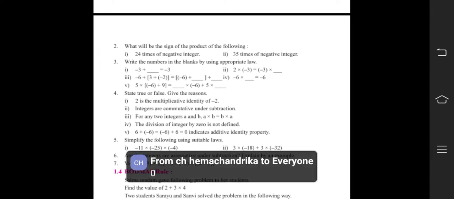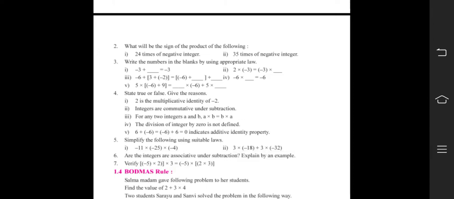Here the order will be reversed, so the order will be interchanged. So what is the answer? -3 into 2. Which law is it? Commutative law. The commutative law says that if the order of the numbers is changed, we get the same answer.